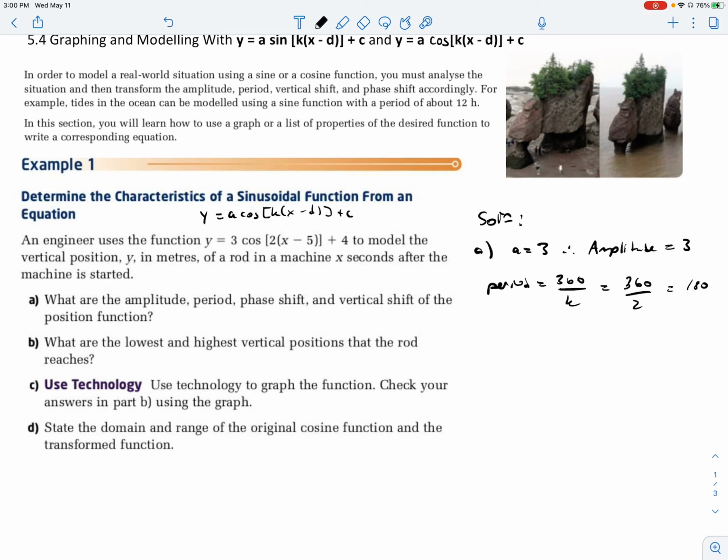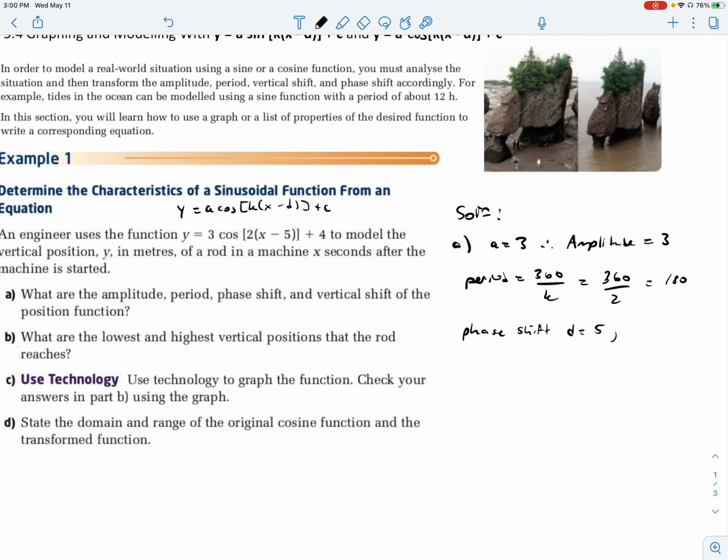And our phase shift, so that's going to be d, and it's equal to 5. Okay, so we'll say shift 5 units to the right.